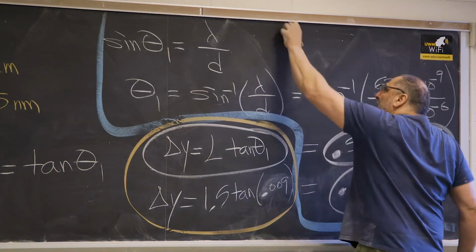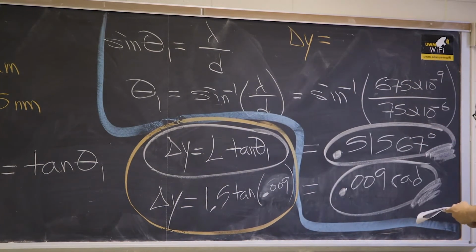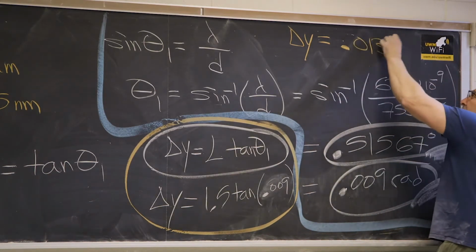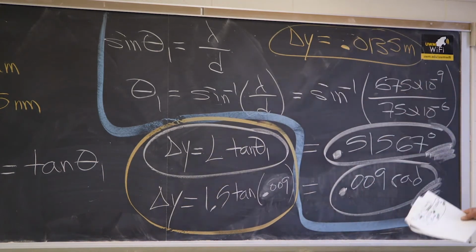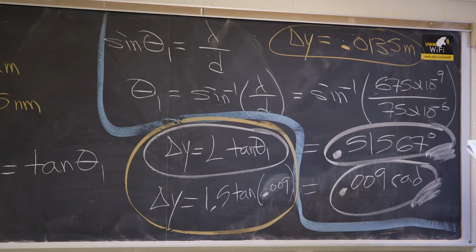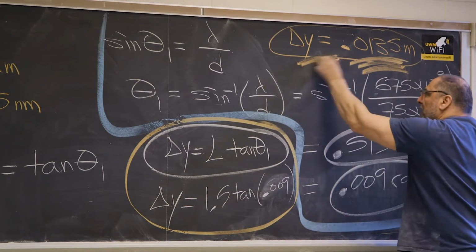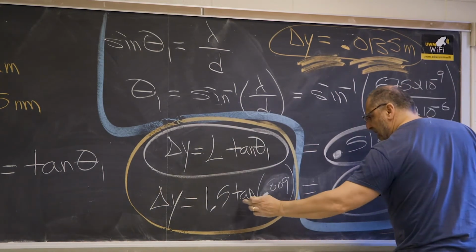At the end of all that, 1.5 times the tangent of 0.009 is 0.0135 meters, which is 1.35 centimeters, which is 1.35 times 10 to the negative 2 meters. Does it really matter? Well, it depends how they ask you to answer the question. The way they ask us is how we're going to answer it. But that's the answer. I already told you that you can almost ignore the tangent.